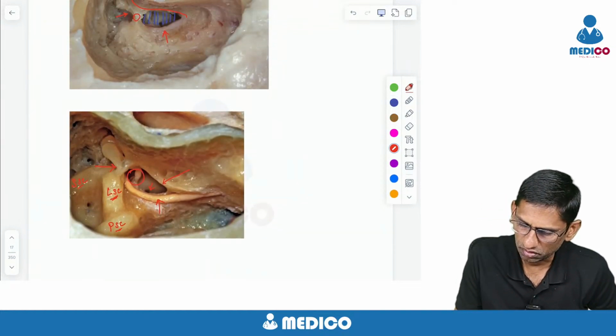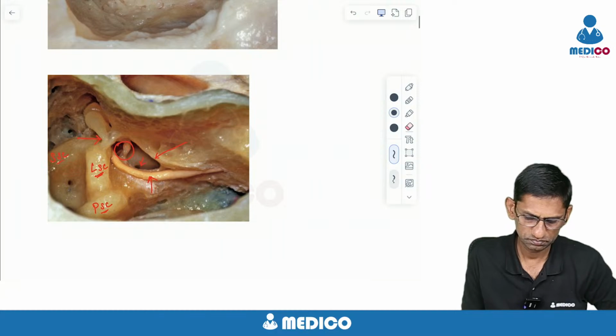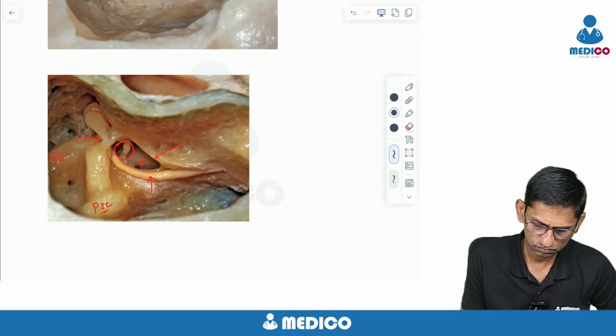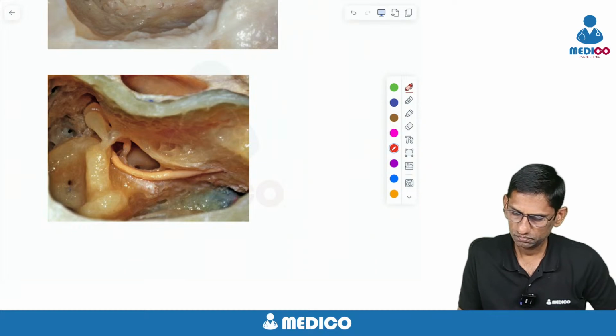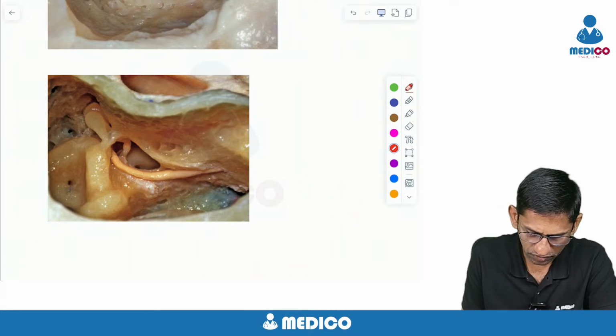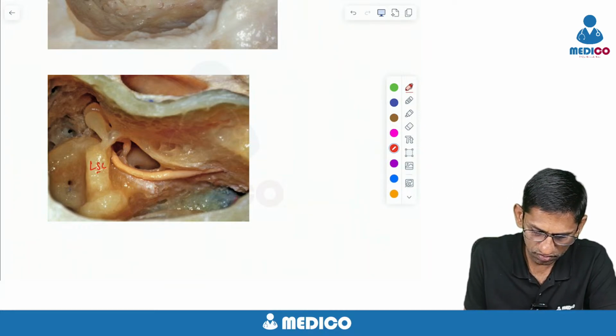See, again, the same picture. So this dome of the lateral semicircular canal, and this is the second genu of the facial nerve.